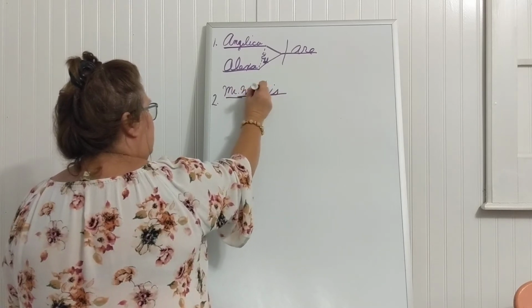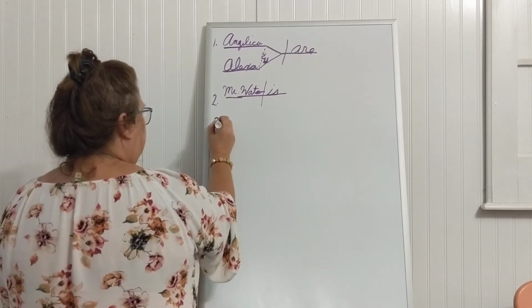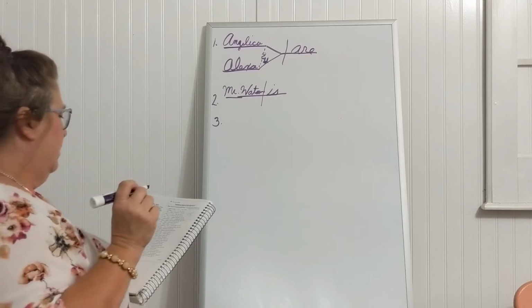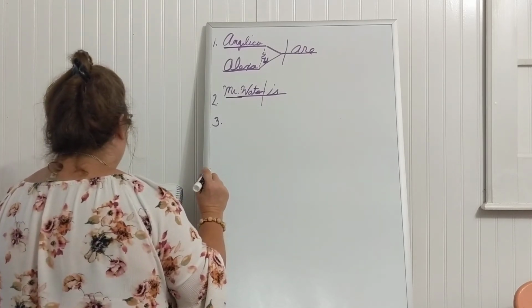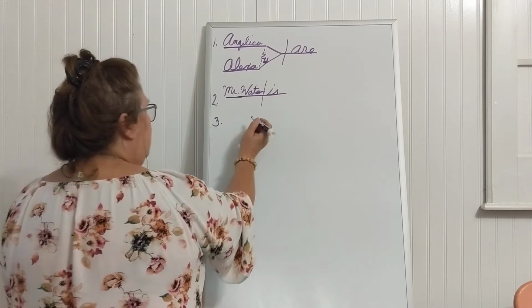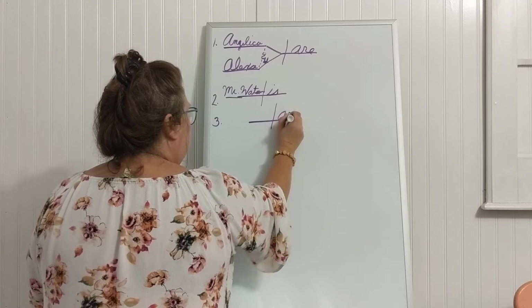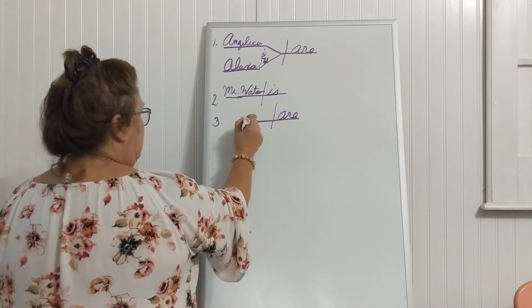That was quite the easy diagram. Number 3. There aren't 5 boys here. So are is our verb. Who or what are? Boys is our subject.